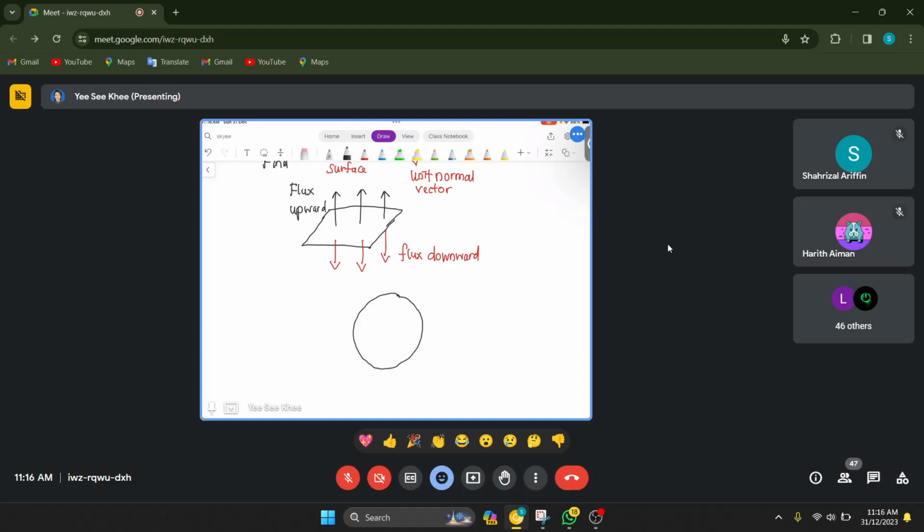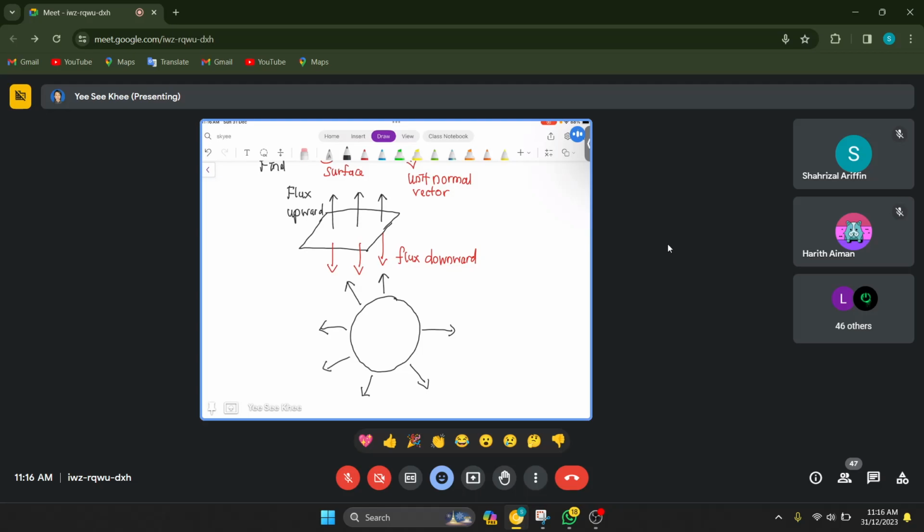Imagine if you have a sphere. Upward flux means that the flux is in the outward direction, moving away from the surface. I use the black arrow to represent the flux outward. If the flux is going into the surface of a solid, then we say that this is the flux inward.